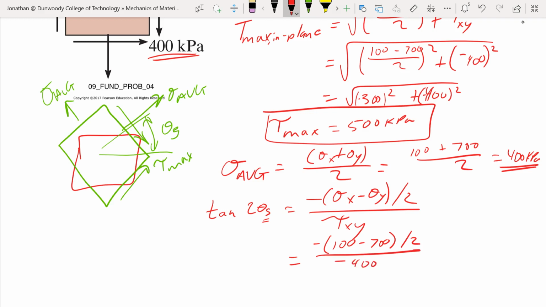Negative 600 divided by 2 is negative 300. So we get negative 300 times a negative is positive 300 over 400. I pulled the negative from the 400 up to the top, and so we get tan of 2 theta s is negative 3/4.